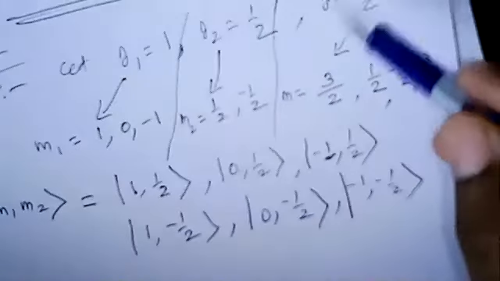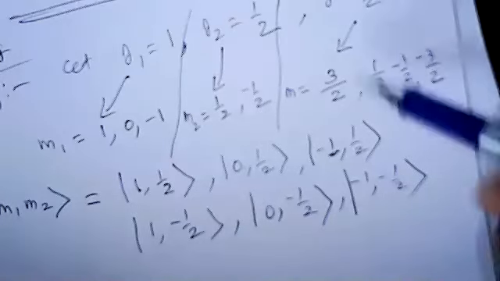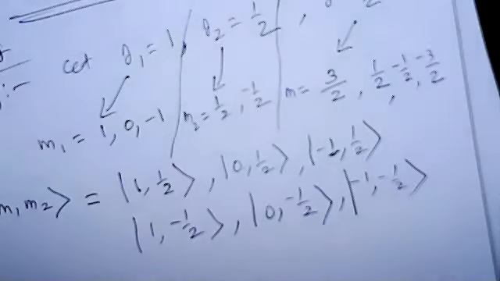Okay, so M1, M2 have 6 states, and here corresponding to J we have 4 states. Now the time is over.